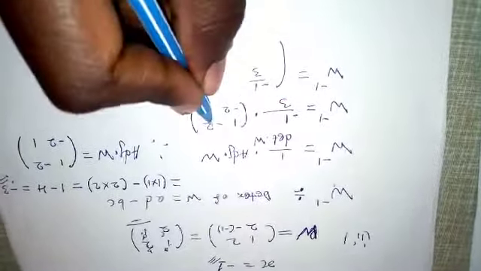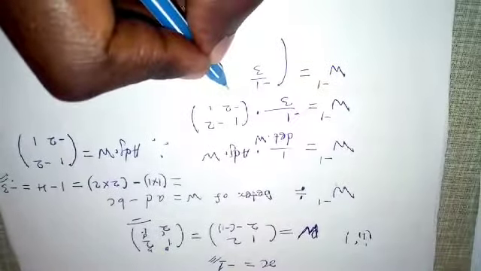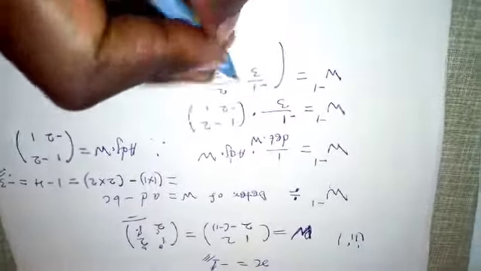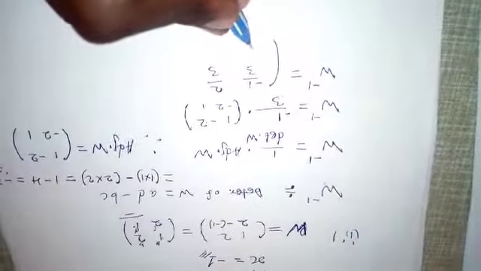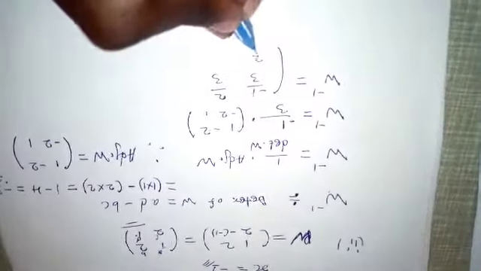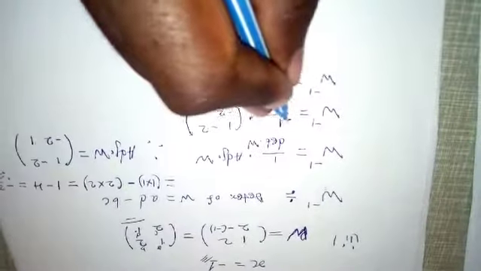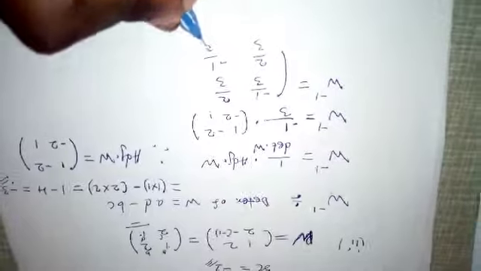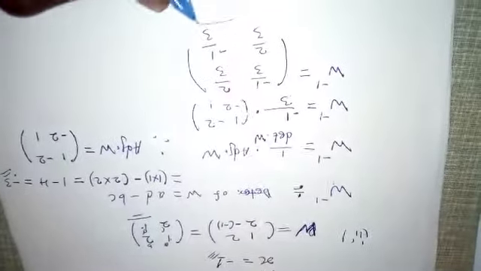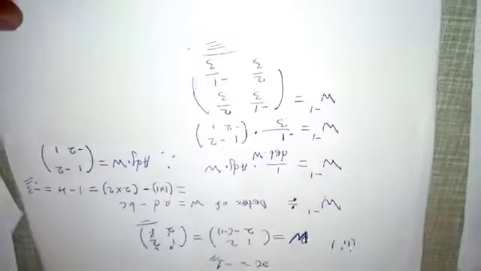Negative 1 over 3 multiplied by negative 2 gives us positive 2 over 3, and the same again for the other entry. And then negative 1 over 3 multiplied by 1 gives us negative 1 over 3, right? So this is the inverse of matrix W.